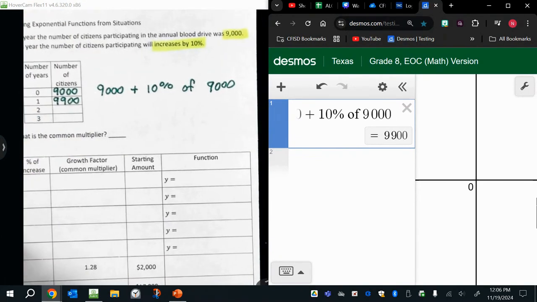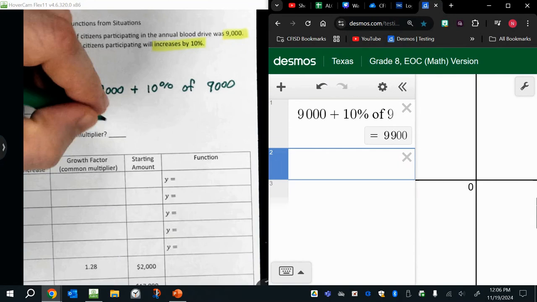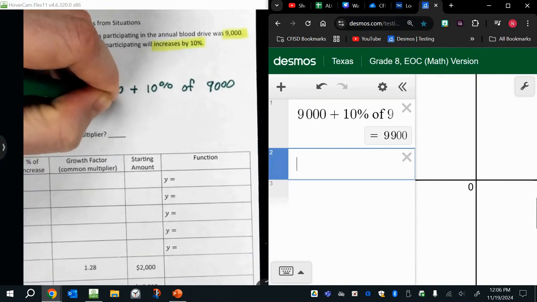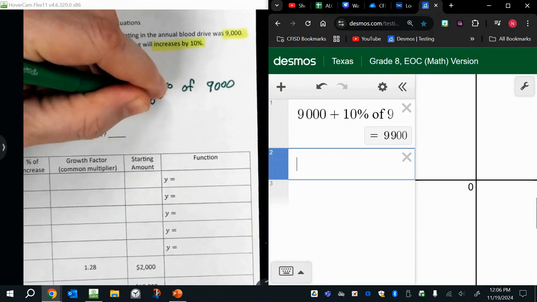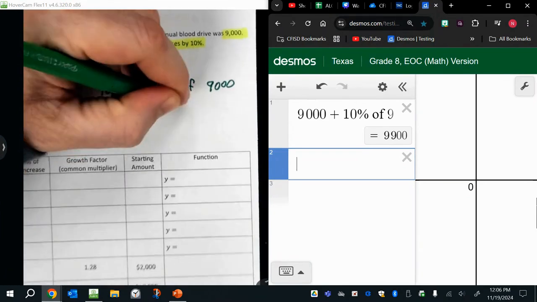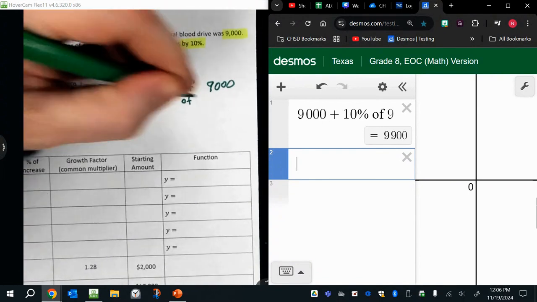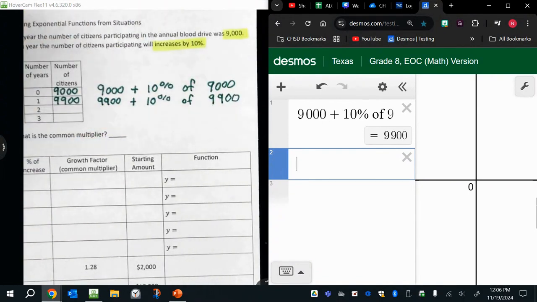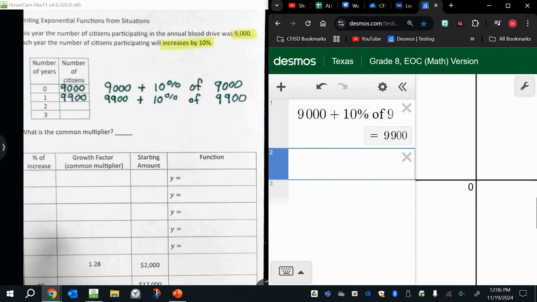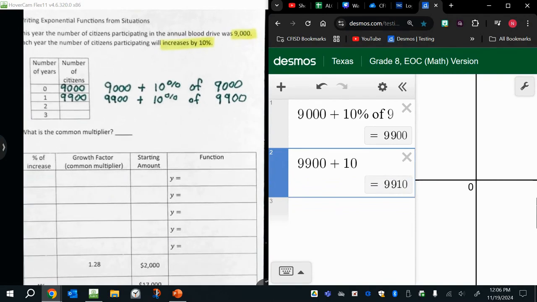Well, then I'm going to take 9,900, and I'm going to add 10% of 9,900, because this is my new value after year 1, so I want to know what 10% of that number is now.